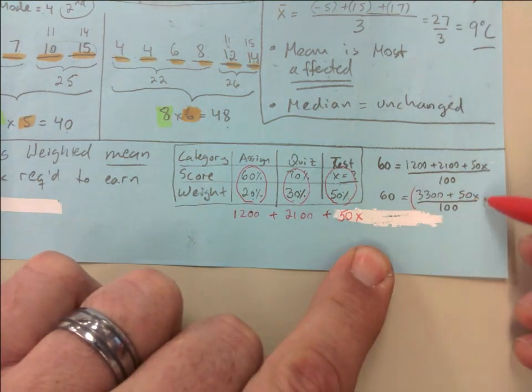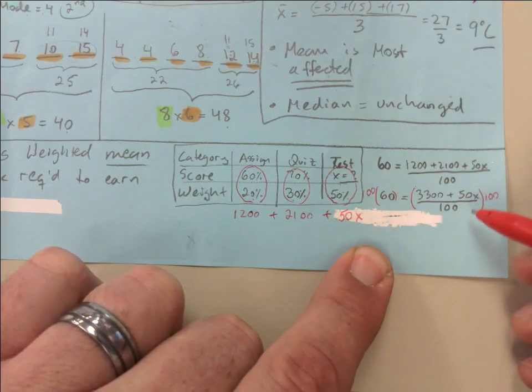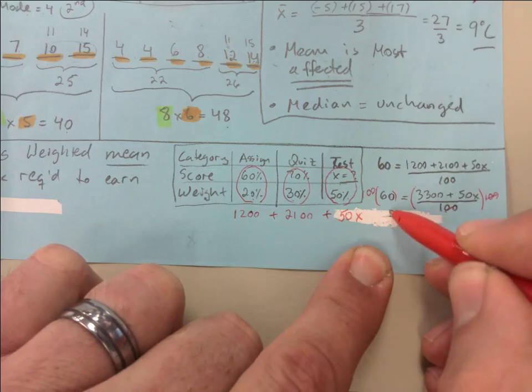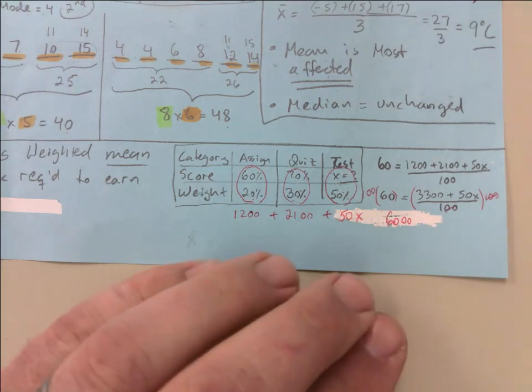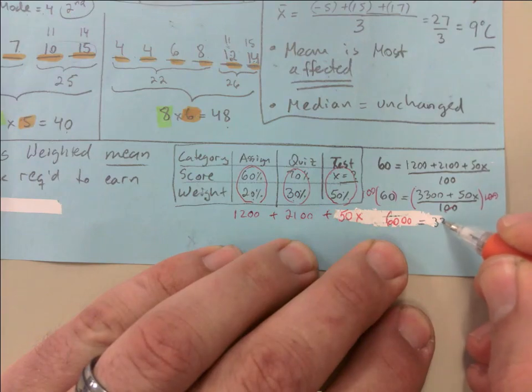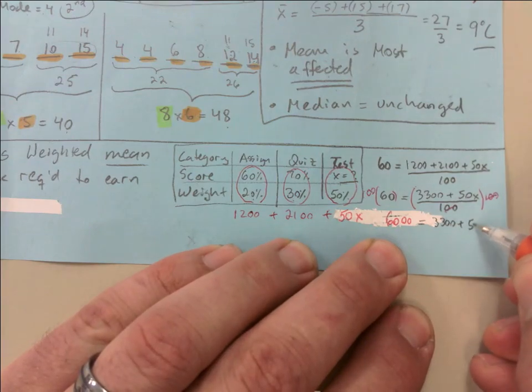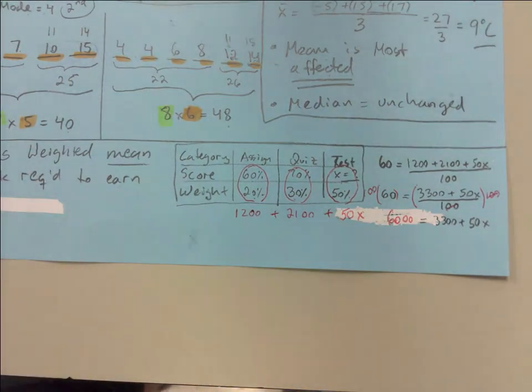First step is times by 100. You end up with 6000. So 6,000. On the other side, you end up with 3,300 plus 50x. Let me zoom into that.